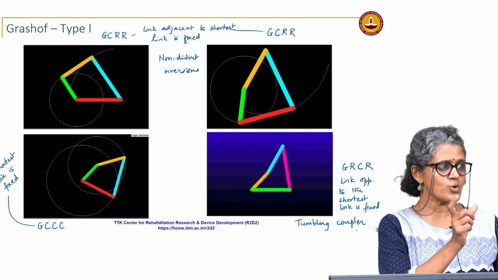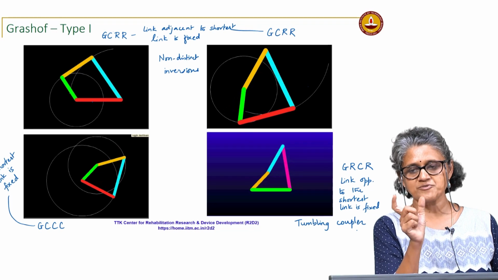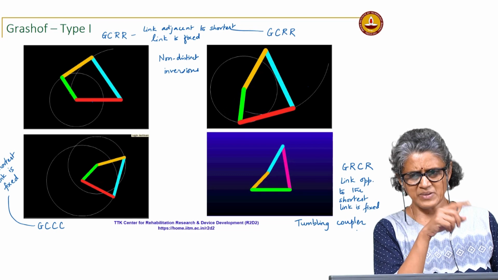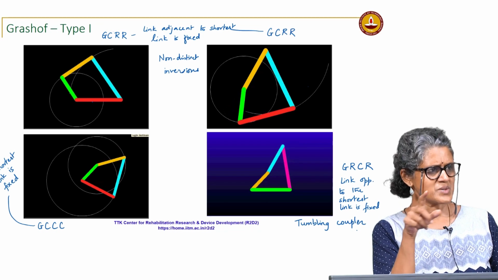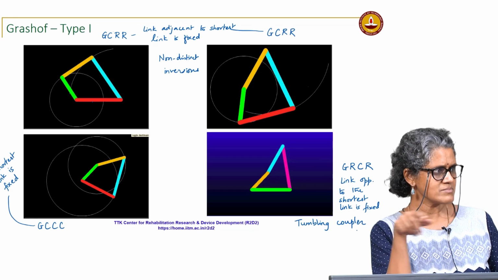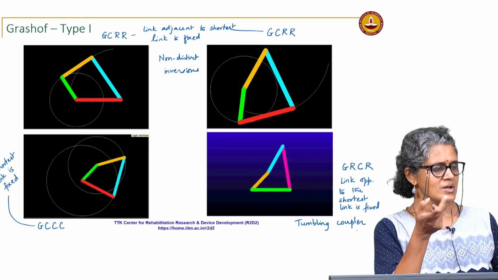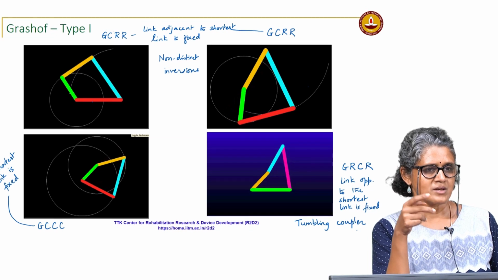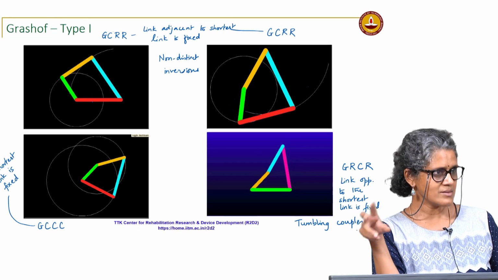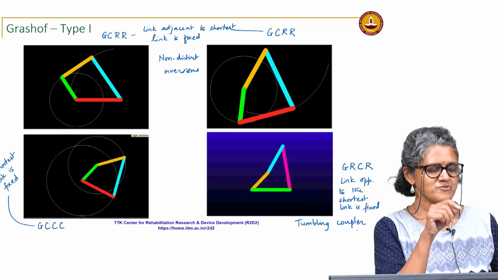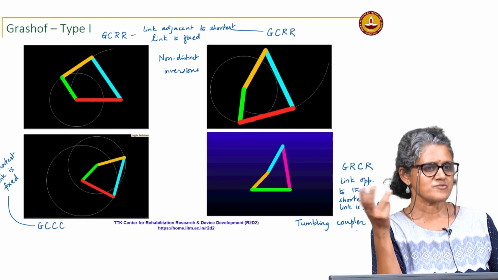So, just by knowing the dimensions alone, the Grashof criterion tells you. If you look at the proof of it, it is just based on the triangle inequality. You look at the extreme positions, the sum of two sides of a triangle should be greater than the third side, or a side of a triangle should be less than the sum of the other two sides.